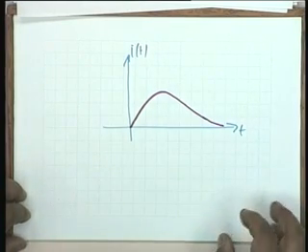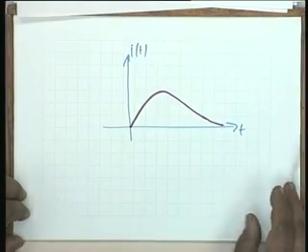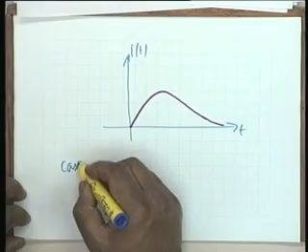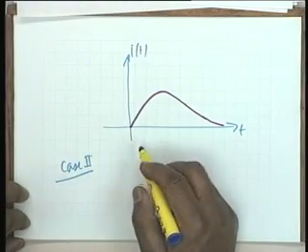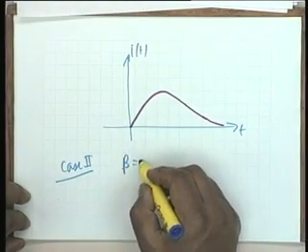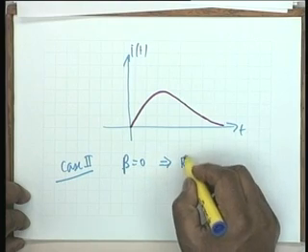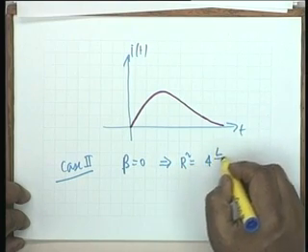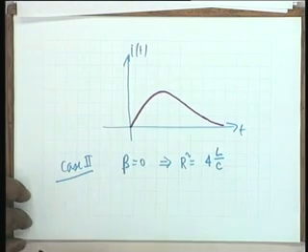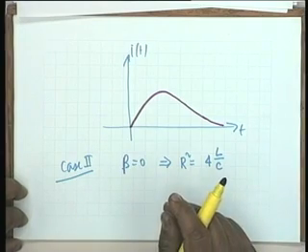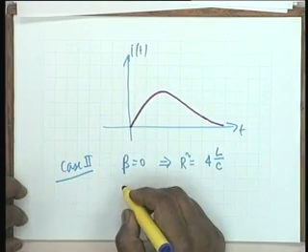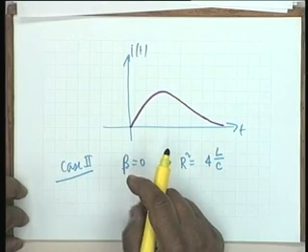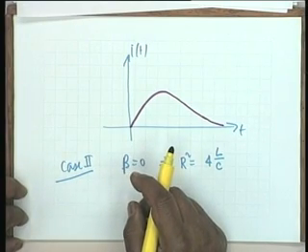Now, we consider the next situation, that is case 2, in which beta is equal to 0, which means that R squared equals 4L by C. If beta equals 0, then you see P1 and P2 are both equal to minus alpha, and therefore this is a case of repeated roots.